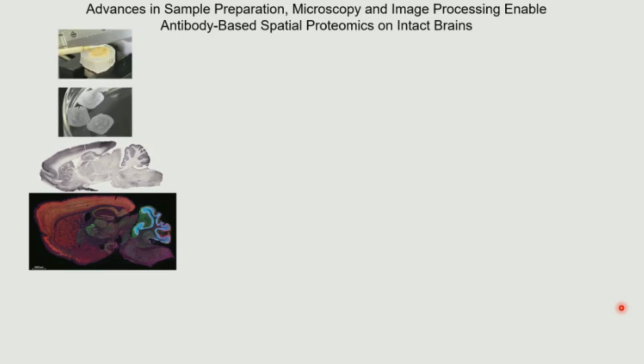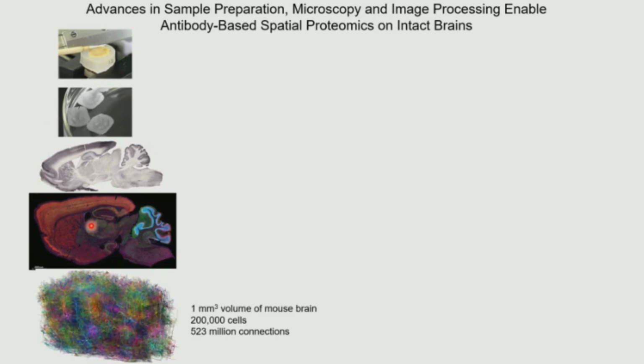One of the things where this has become incredibly important is in neuroscience. For many decades, immunohistochemistry and spatial proteomics in the brain has been done on tissue sections, right? So this is the classical approach, cutting sections, labeling them, imaging them. But what this does is it really just basically destroys all the connections between the neurons.